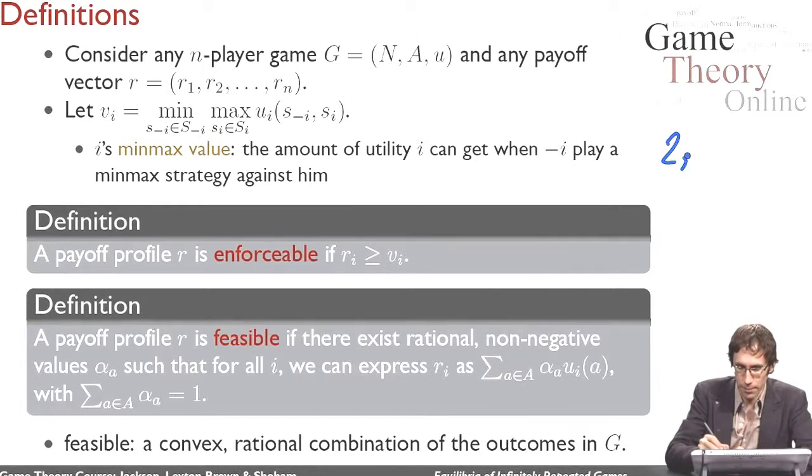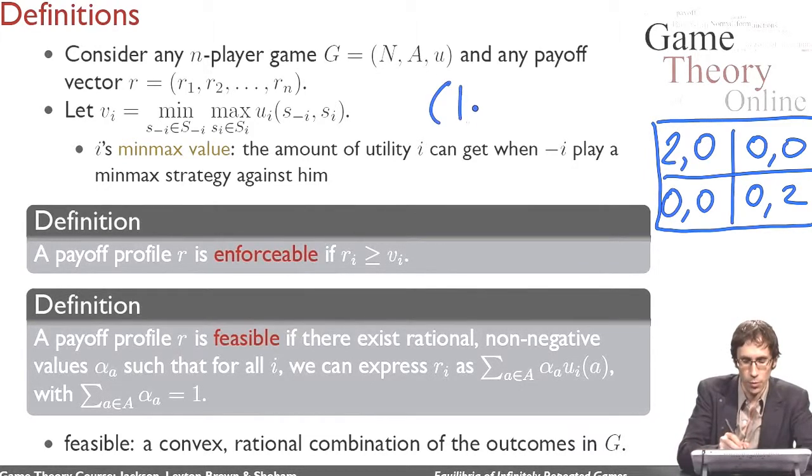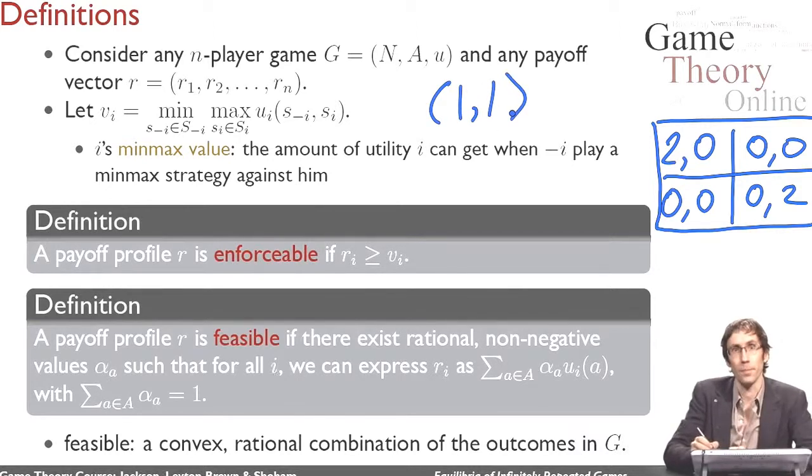So let's say I have a game that looks like this. In this game, I claim the payoff profile (1, 1) is feasible. The reason is I can put a weight of 50% on this cell, a weight of 50% on this cell, and weights of 0 on these cells.